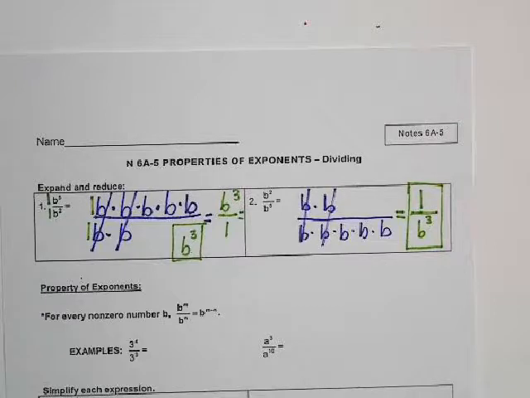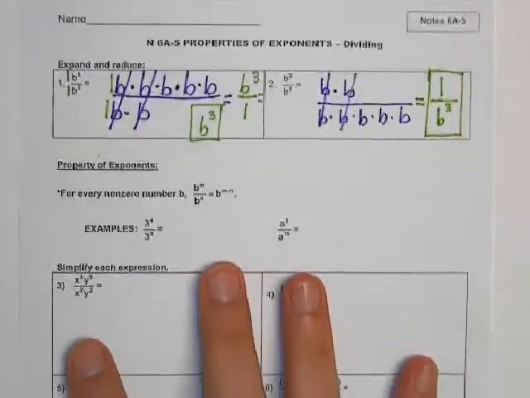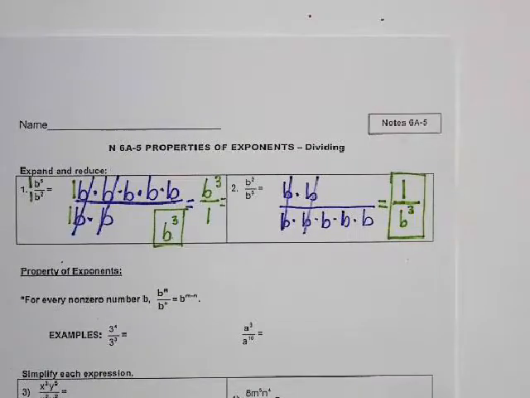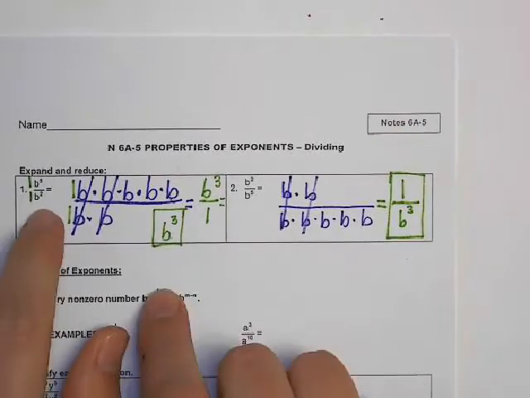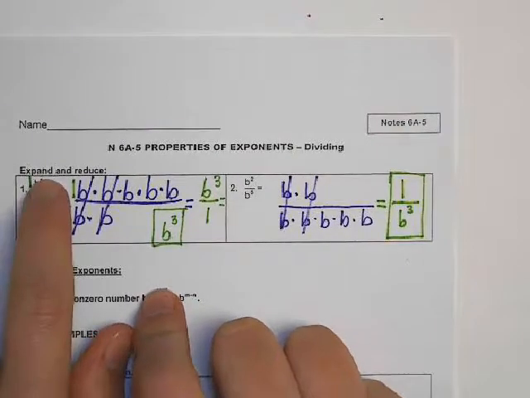Okay, questions? No? Okay, here we go. What would be the faster way to do this? Subtract. Subtract what? The exponents. If you look right here on number 1, I've got a 5 and a 2.